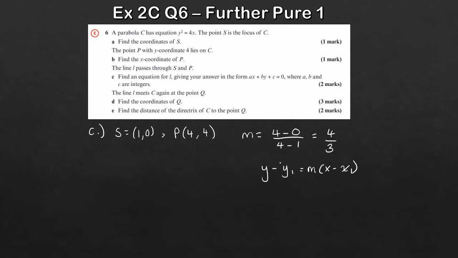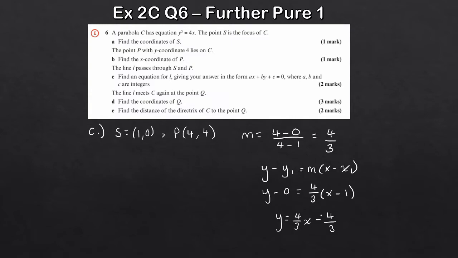If I substitute my point in, I'm going to substitute the easiest one, which would be S, which is 1, 0, so that's y minus 0 equal to 4 over 3 times x minus 1. That's y equals 4 over 3x minus 4 over 3.